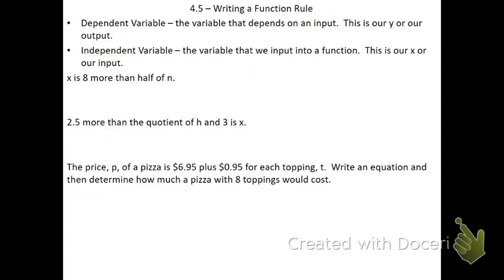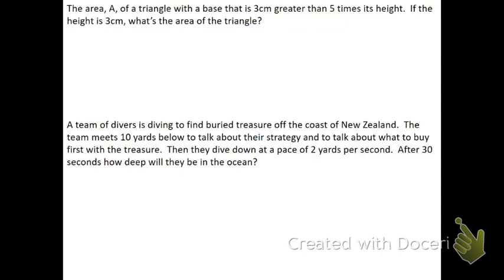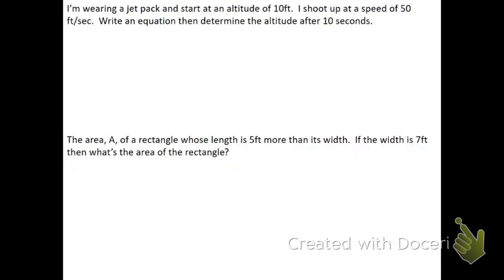Our next problem, I'm wearing a jetpack and I start at an altitude of 10 feet. I shoot up at a speed of 50 feet per second. We want to write an equation and then determine the altitude after 10 seconds.